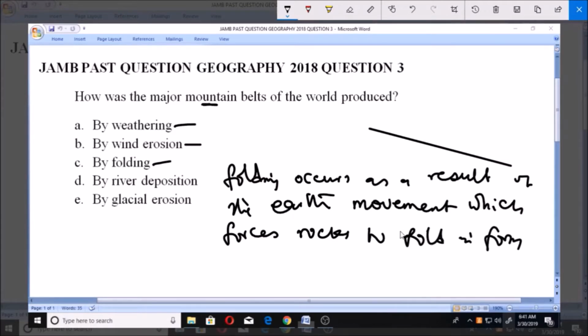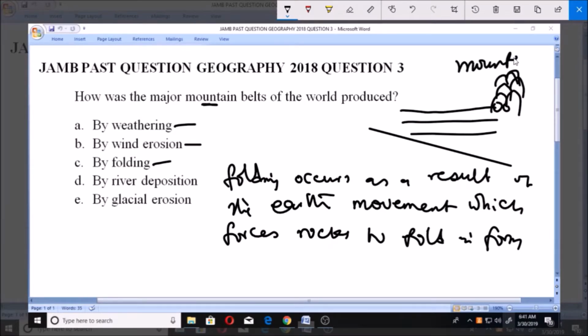So that is actually what happens. You have the earth surface moving, causing the rocks to fold, and this folding causes the formation of mountain.